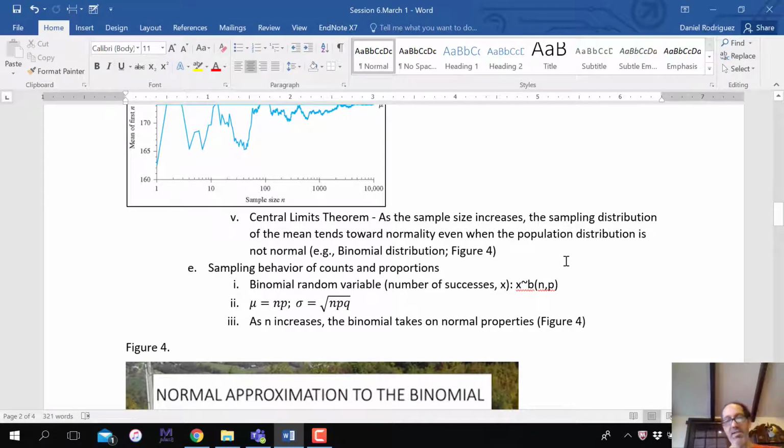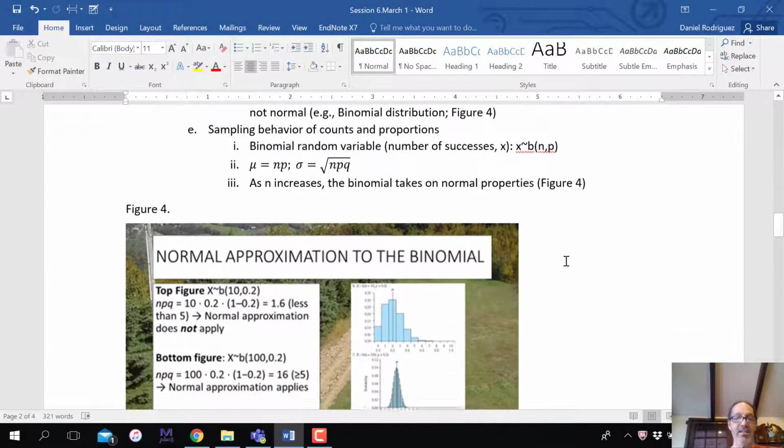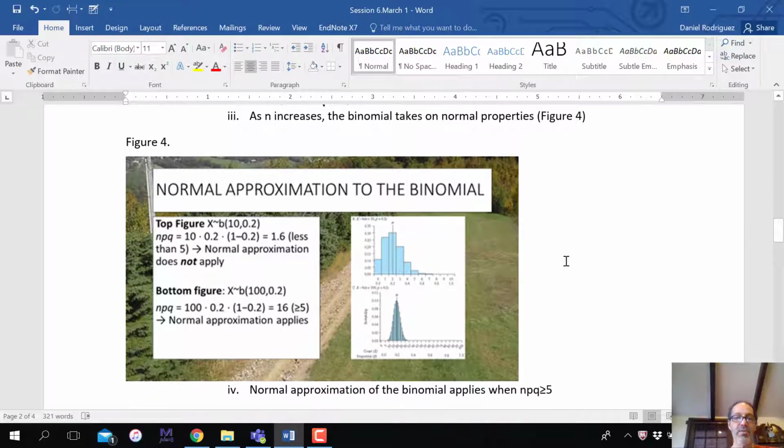The central limit theorem is a little bit more robust than that. As the sample size increases, the sampling distribution of the mean tends towards normality. And we just talked about that a moment ago. And here's an example with the normal approximation of the binomial. The binomial is clearly not a normal distribution.